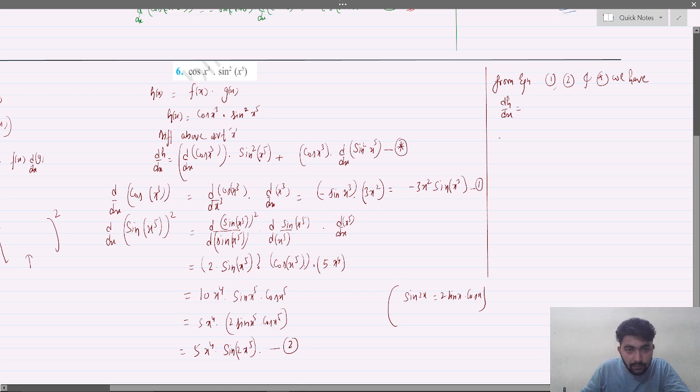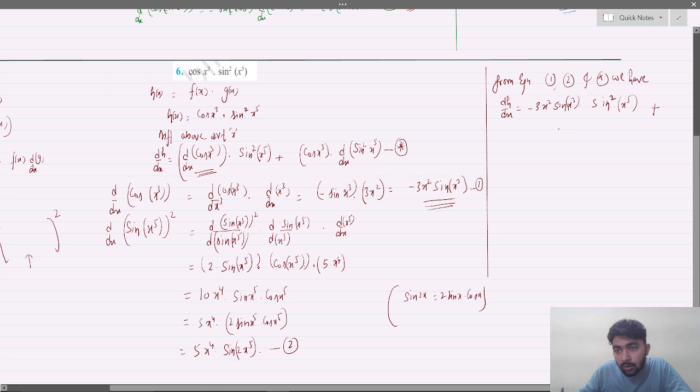We need to differentiate d/dx of cos x cube, and the cos x cube derivative is this one. For this one the derivative is minus 3 x square sine x cube, and here sine square x raised to the power 5, plus now the derivative of sine square x.